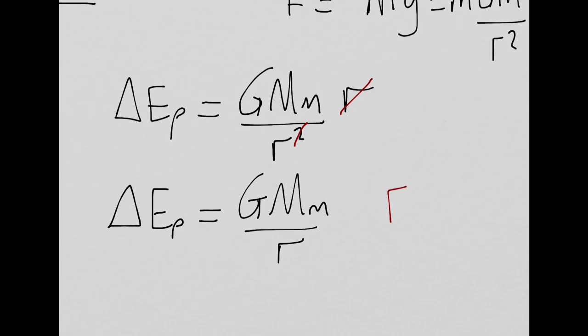So the force is big G big M, little m over R squared. That's the force between a large object and a small object because of the large object's gravitational field. We can see that the change in potential energy looks exactly the same, only the bottom is not squared. It is not a square of the radius between the two objects.